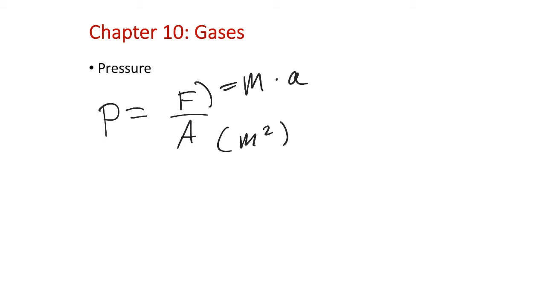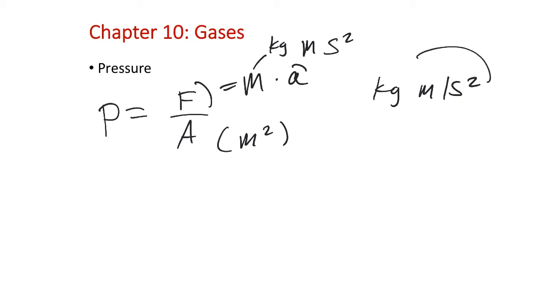Okay, so the mass is the kilogram, and the acceleration is meters per second squared. So if we think about our units for pressure, we'd be plugging in a kilogram meter per second squared for the force, and that would also be the unit of 1 Newton. So 1 Newton is a kilogram meter per second squared, and then dividing that by an area in units of square meters.